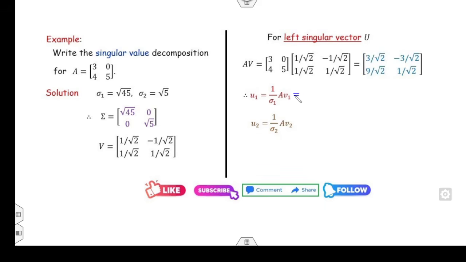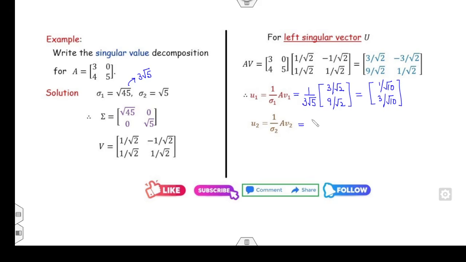So I can substitute, it is 1 over root 45. Root 45 can also be written as 3 root 5. Fine, it is 1 over 3 root 5. First column of the matrix, 3 divided by root 2, 9 divided by root 2. That becomes, 3 and 3 will be cancelled, 1 over root 10 and 3 over root 10.